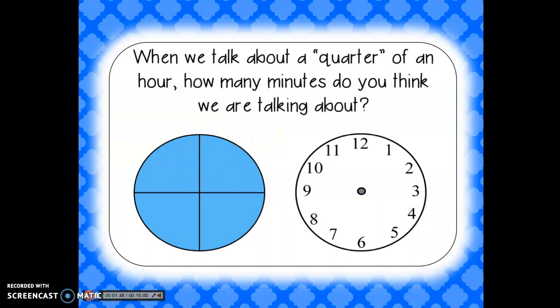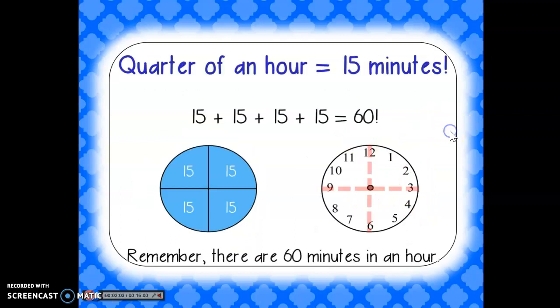So if we go back to our dollar question, there are 4 quarters in a dollar. So we're going to be talking about just this quarter of our clock. So a quarter of an hour is 15 minutes.